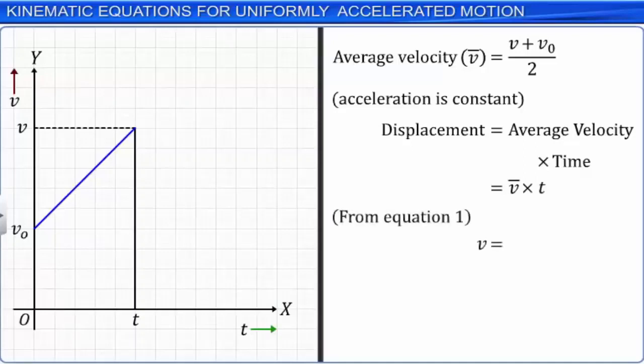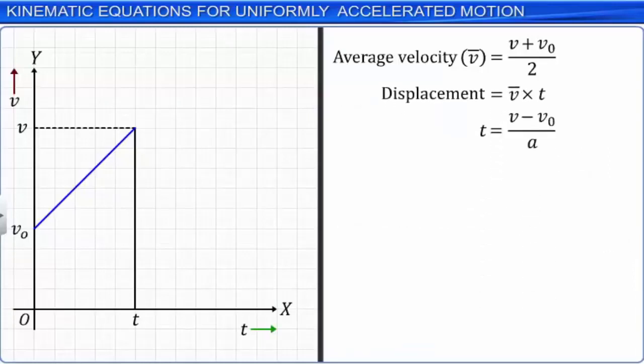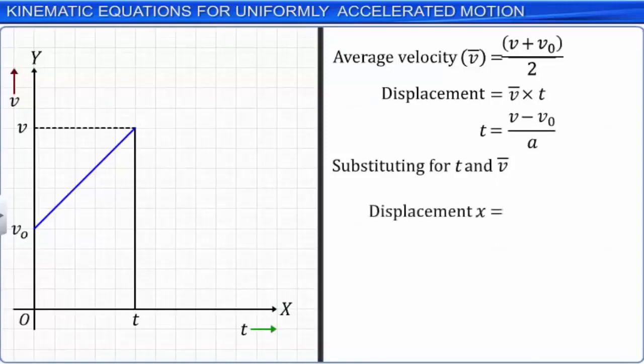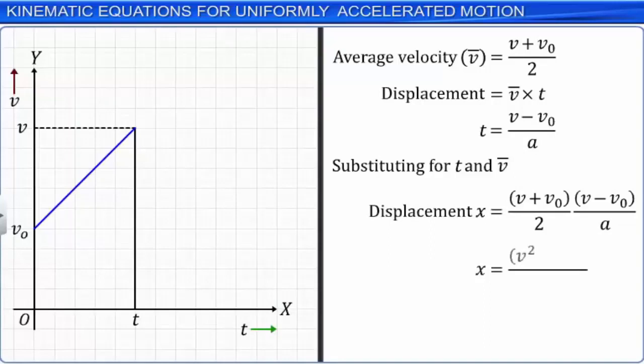Substituting the values of t and v dash in the equation for displacement, we get x equal to the ratio of the difference between v squared and v0 squared, and twice the value of a. By rearranging the above equation, v squared is equal to v0 squared plus 2ax. This is equation 3 of motion.